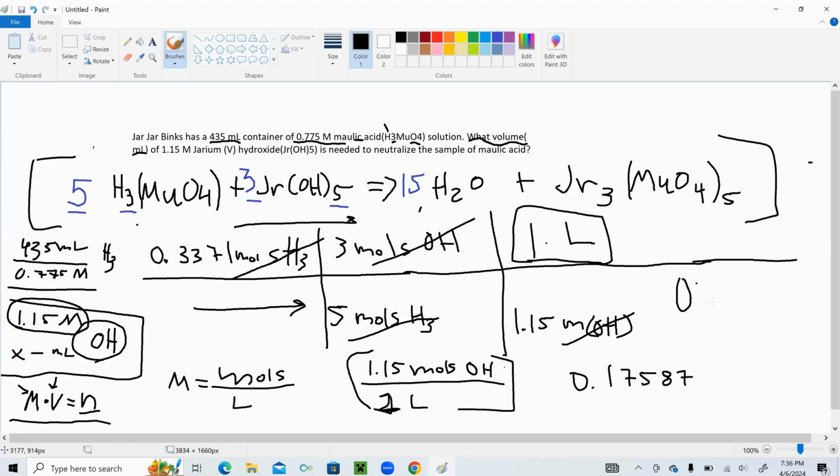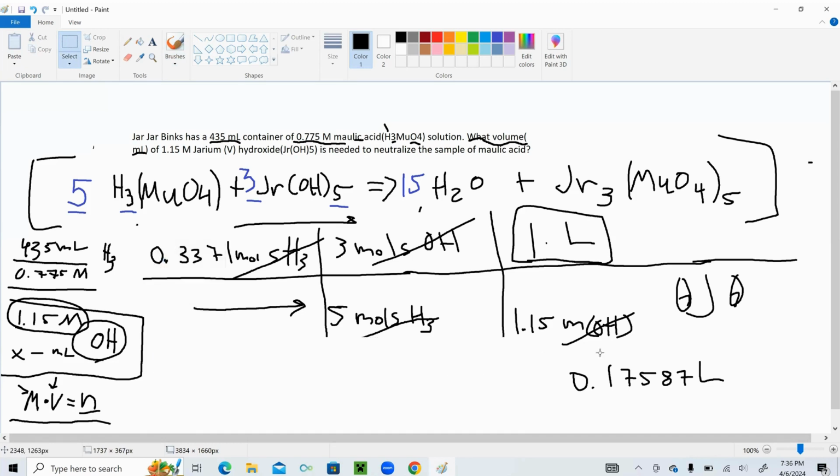But, ojo, remember, molarity is given to you in liters. So these are liters. But we got the answer. Let me make some room here. We have an answer. Just this one.